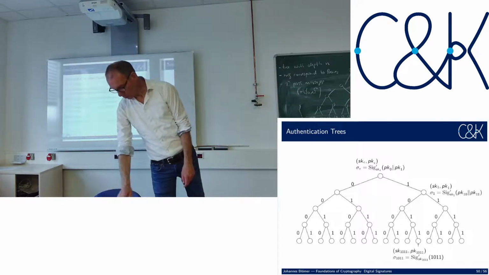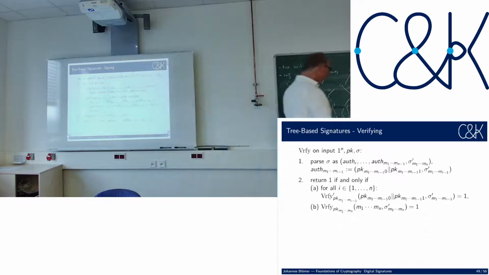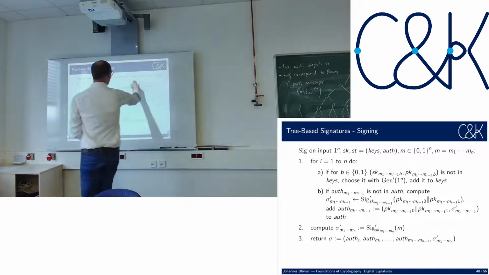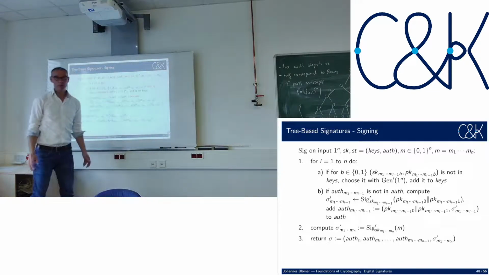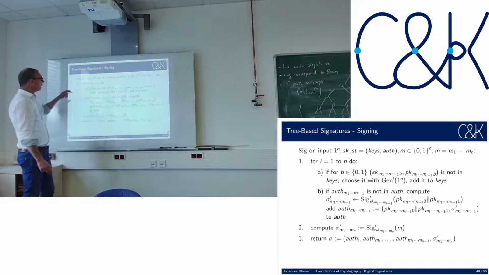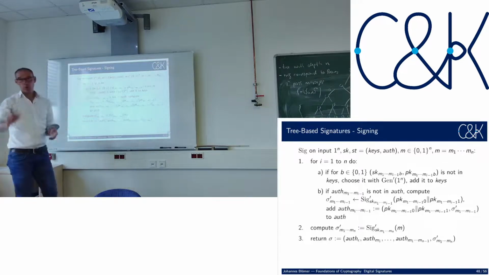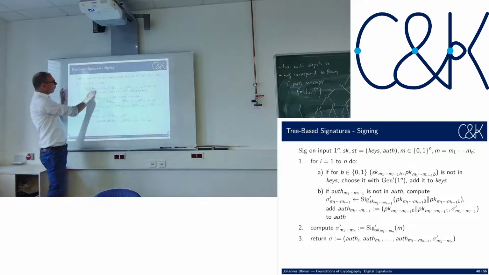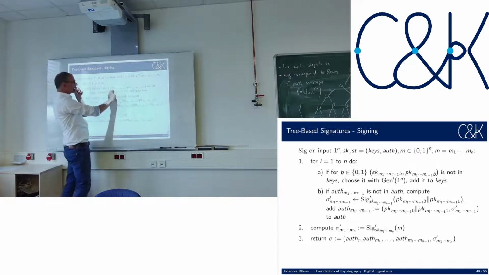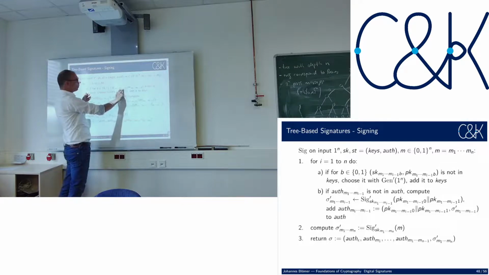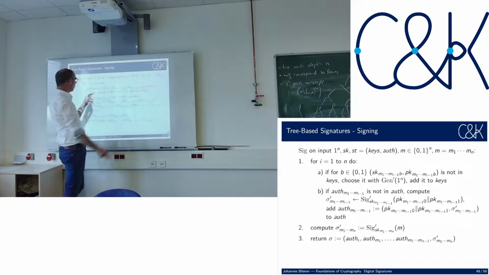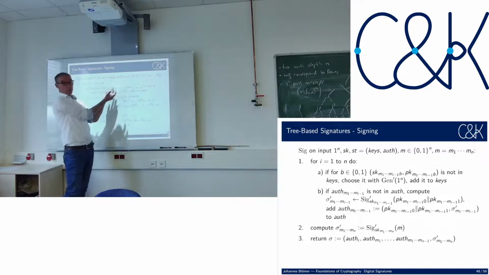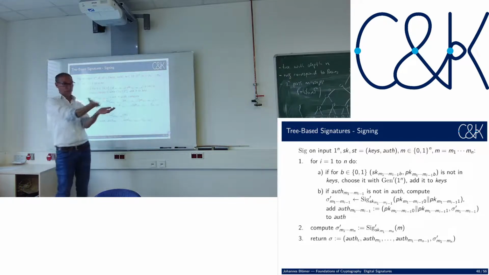And that leads to this beautiful signing algorithm. You want to sign this message M1 through Mn, which is a bit string. For i from 1 to n, you go down the path to that leaf. For b in {0,1}, if sk for the prefix m1 through mi-1 followed by b is not in the keys, choose it.